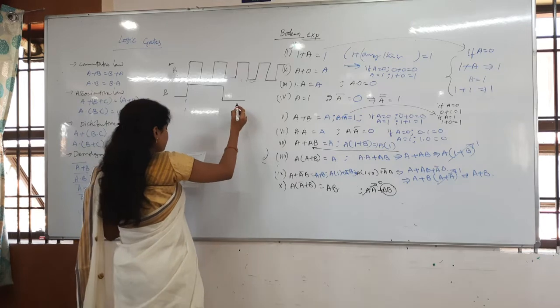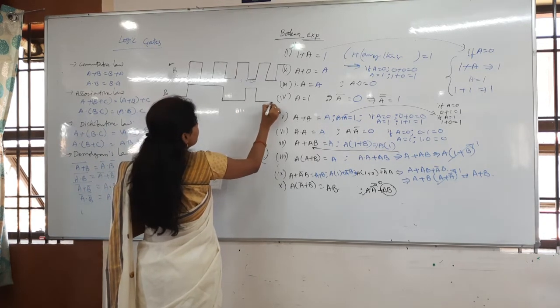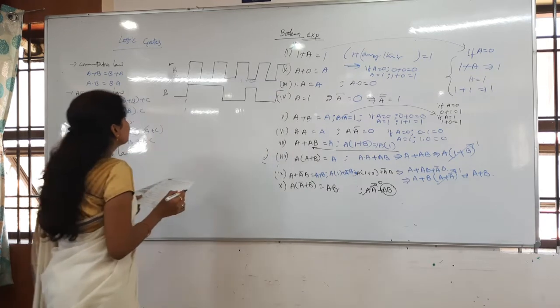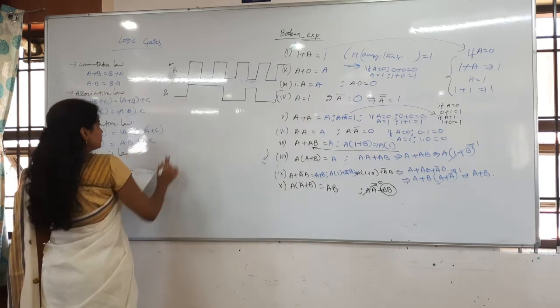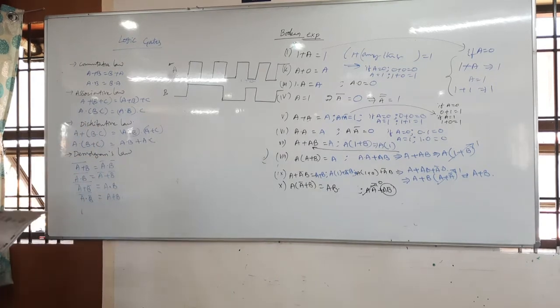This is how the questions will be asked. Two inputs are given. First of all, tell me which gate that is.